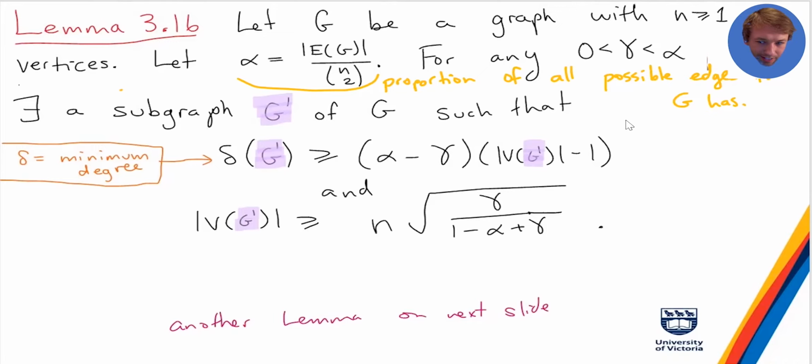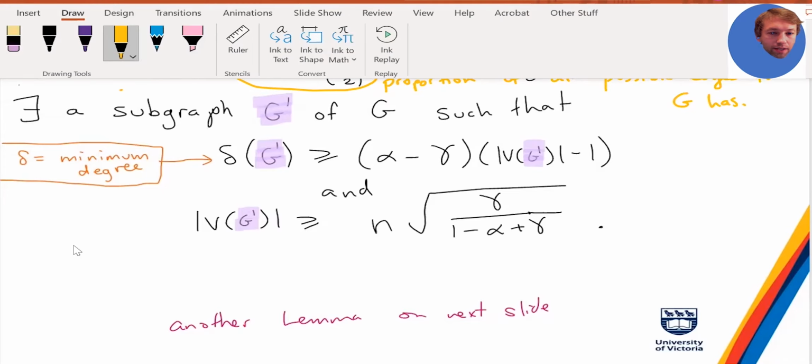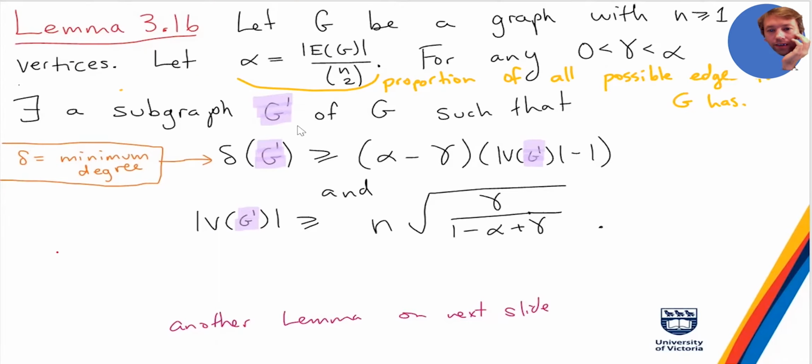I'm not sure if that sentence makes sense, but what the lemma says is that if I take gamma, which is between 0 and alpha, then there's a subgraph G prime of G. I'm going to want gamma to be quite small here, by the way. It says that there's a subgraph G prime of G, where the minimum degree, so little delta here, in G prime is at least alpha minus gamma times the number of vertices in G prime minus 1.